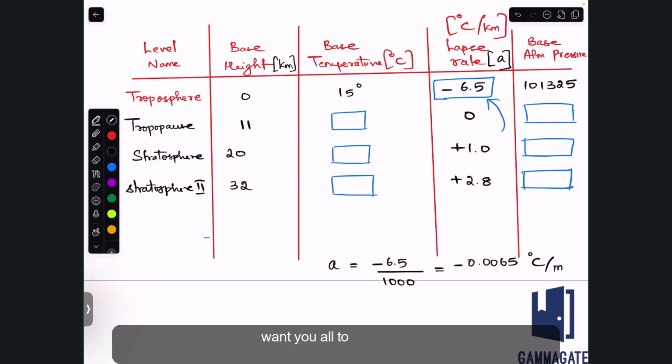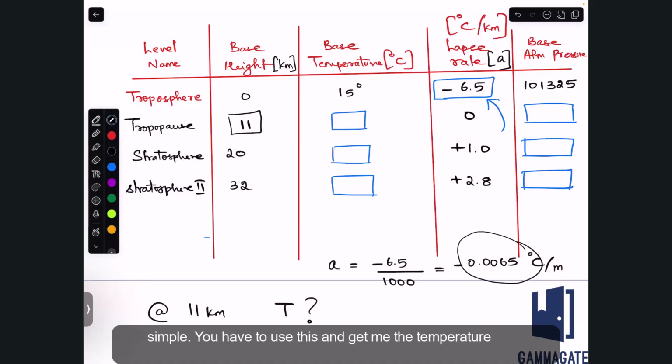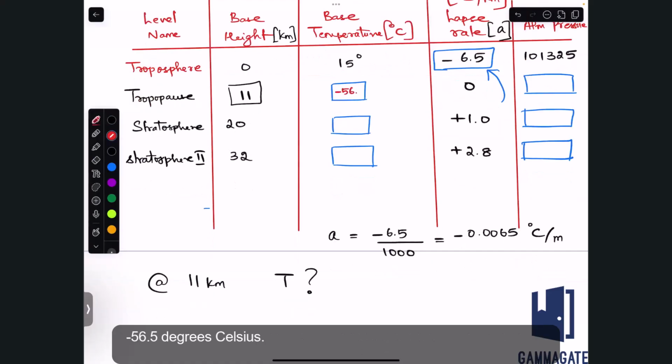I just want you all to calculate what you think the temperature will be at 11 kilometers height. It's very simple. You have to use this and get me the temperature at 11 kilometers. This is minus 56.5 degrees Celsius. Now you can see that in the tropopause, from 11 to 20 kilometers, the lapse rate is 0.